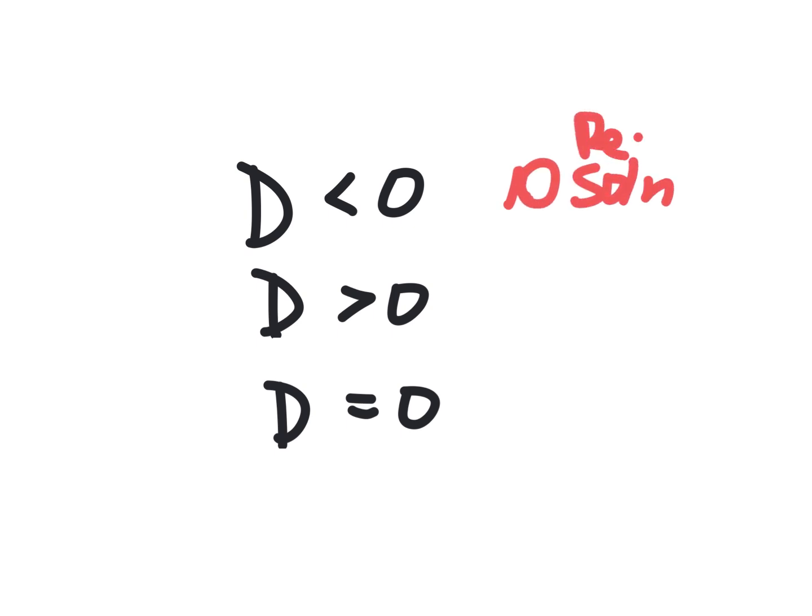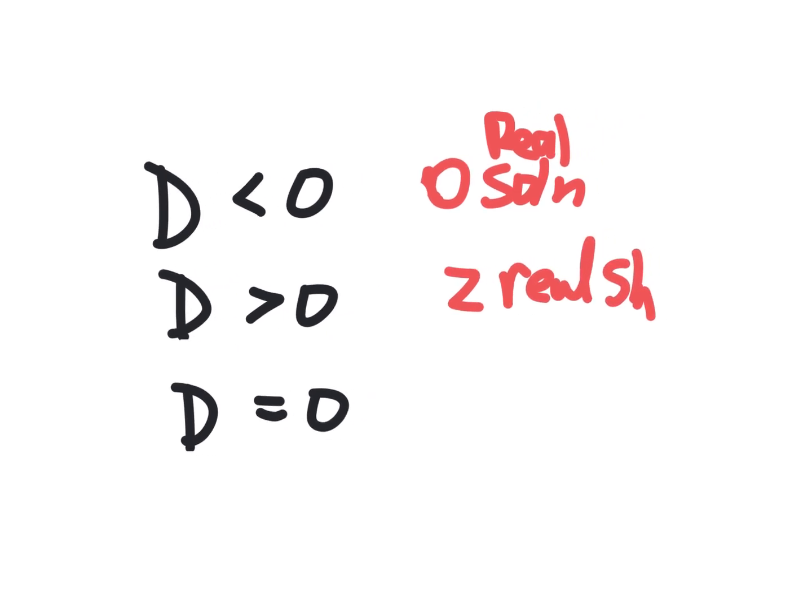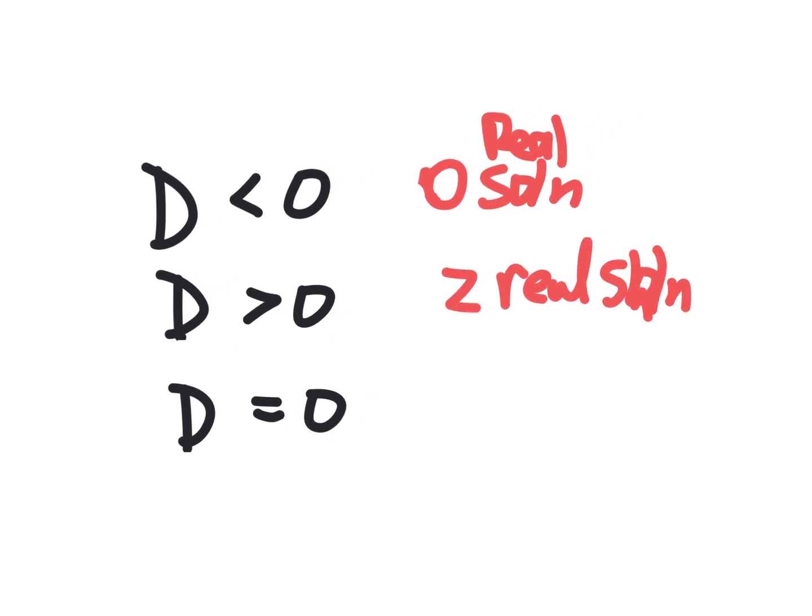I'll put real solutions. 0 real solutions. 2 real solutions. 1 real, and it's special. What is it? Vertex.